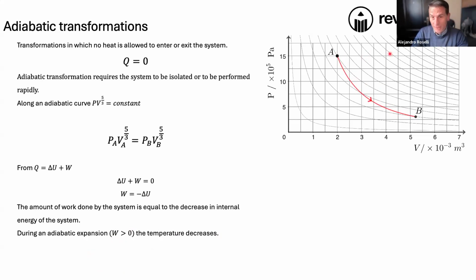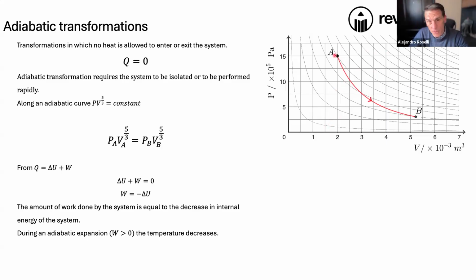On this diagram, I have left the isothermals still there, those gray curves, and the red one would represent an adiabatic transformation. It's usually steeper than the isothermals, although both are curves.